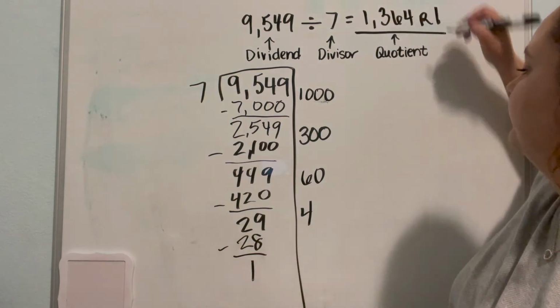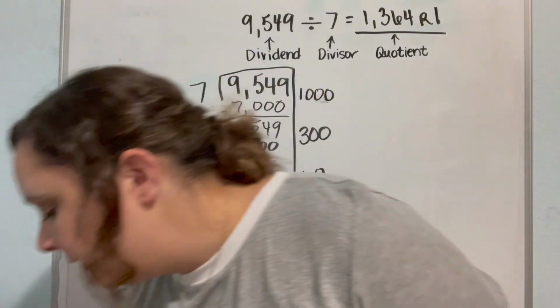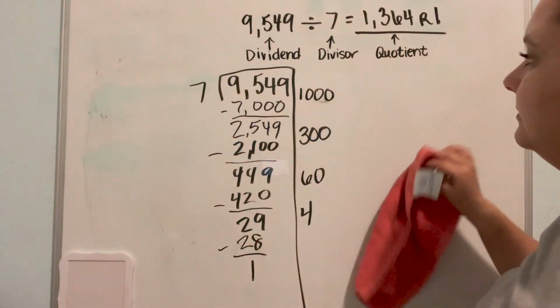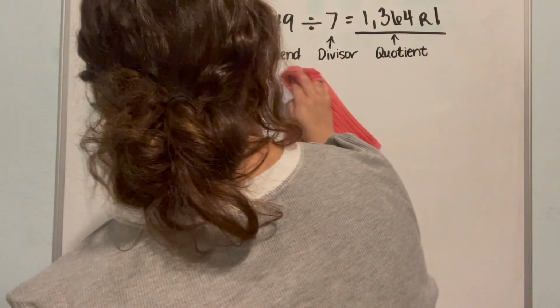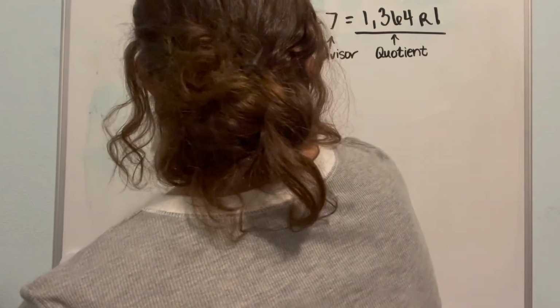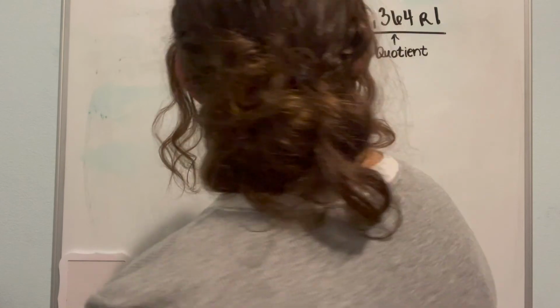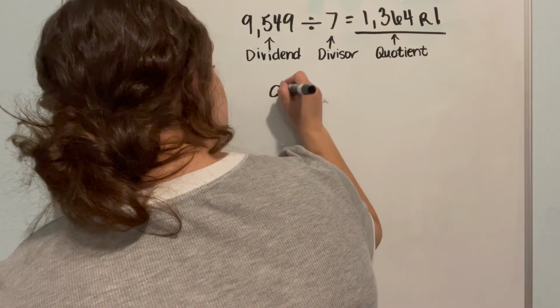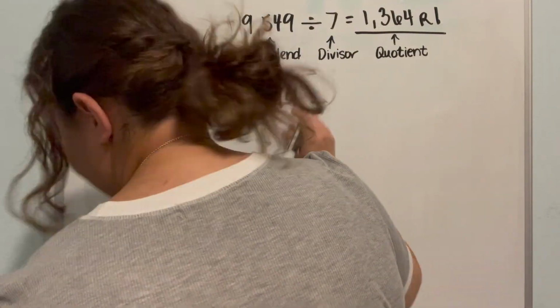of 1. And now I'm going to use standard algorithm to see if I get the same answer before I check using the inverse operation. So I'm going to set it up in standard algorithm format. Oops, that's not the right number.